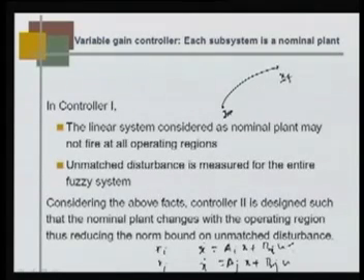This is my nominal plant, and also this is my nominal plant. So I design a controller u around this plant and a controller u around that plant, and then the fuzzy blending of the controllers for both plants is the overall controller gain. That is the idea for the second controller, which we did not do for the first controller.